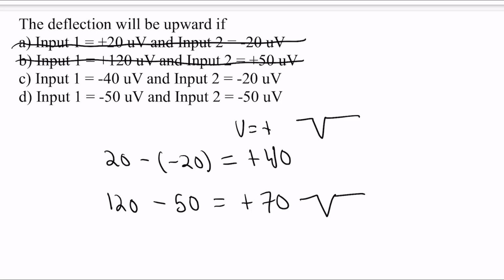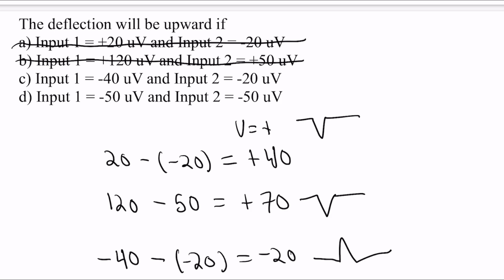So we can get rid of B. We'll move on to C. If we have negative 40 microvolts and we subtract negative 20 microvolts, that will leave us with a negative 20 microvolt voltage. If voltage is negative, that will give us an upward deflection. So we can assume that C is correct.